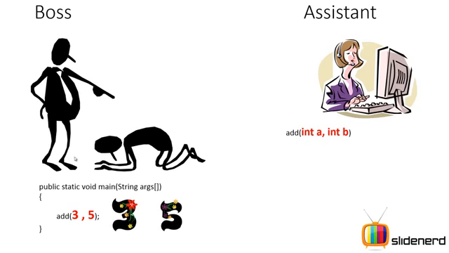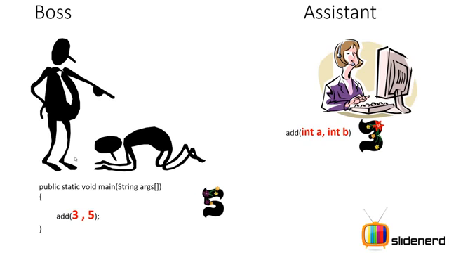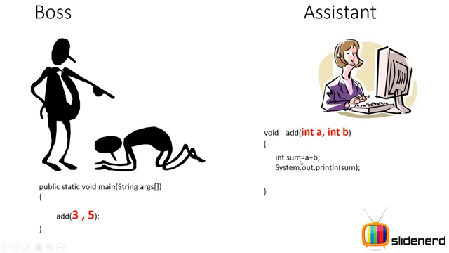As soon as the boss says add 3 comma 5, 3 goes right inside your integer a, 5 goes right inside your integer b, and then here's the magic. You say void add int a int b, sum equals a plus b. Now that means a is 3, b is 5, and 3 plus 5 is 8, and this time the assistant prints 8. Pretty simple, right?